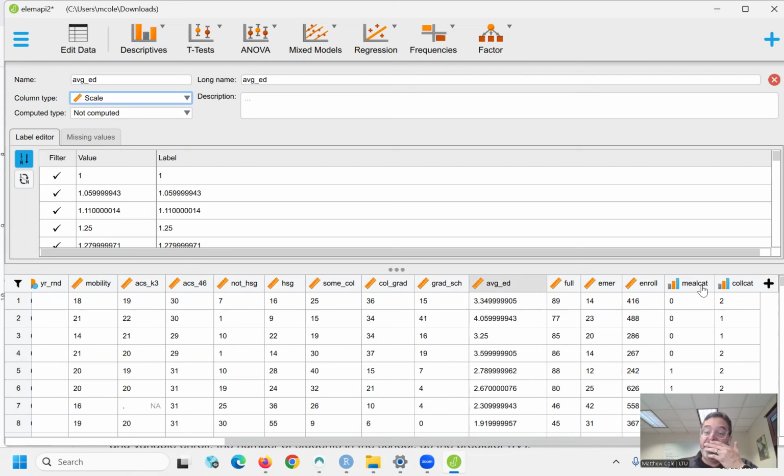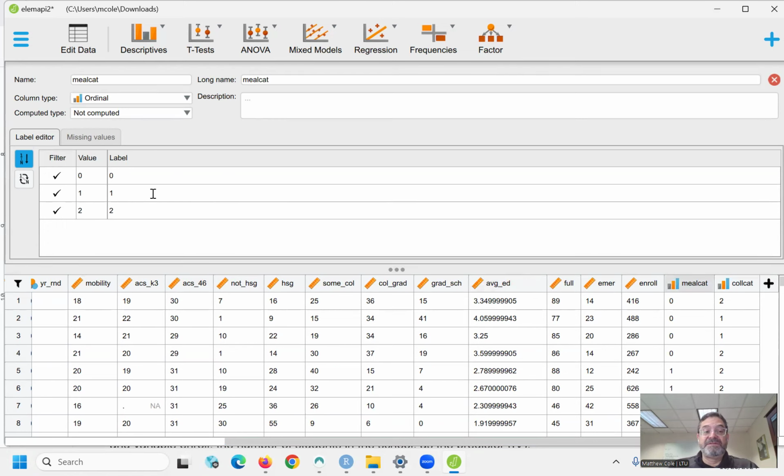Meal cat and Col cat, that's either ordinal or nominal. Ordinal is fine because it is in order. As we go from 0 to 1 to 2, we're increasing in the number of kids that need meals, and as we go from 0 to 1 and 2 with Col cat, we're increasing with the number of parents with some college education.